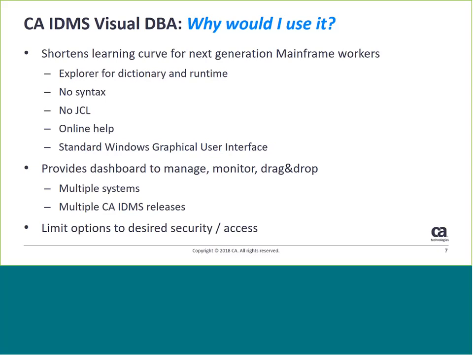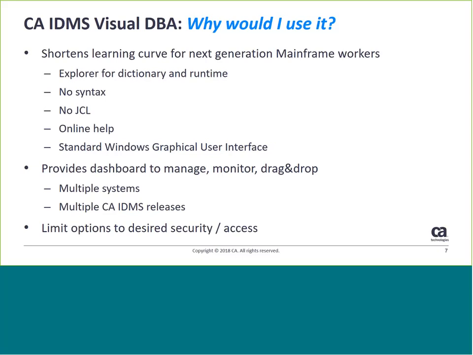It uses a very explorer tree type approach, both for all the definitions in the dictionary as well as for monitoring your runtime system, all without the use or the need for any JCL. It does have an online help. It provides dashboards to help manage your usage of it, to monitor your systems.